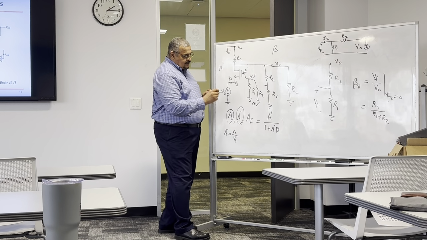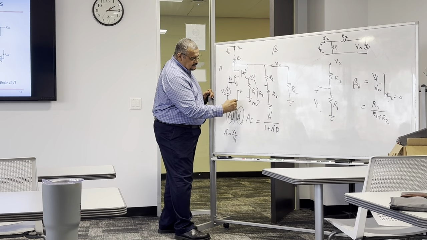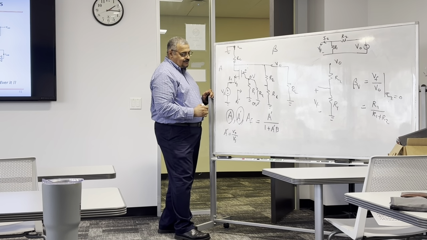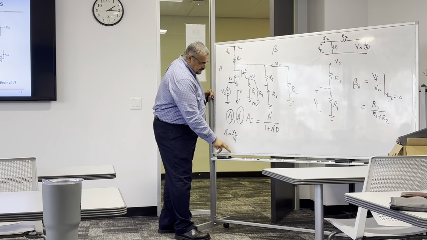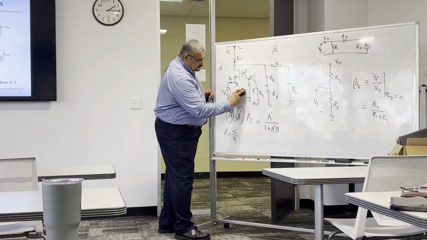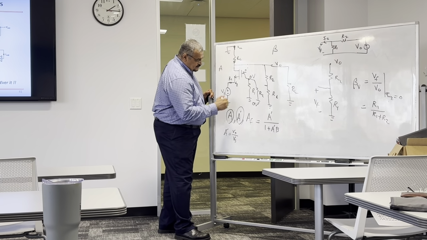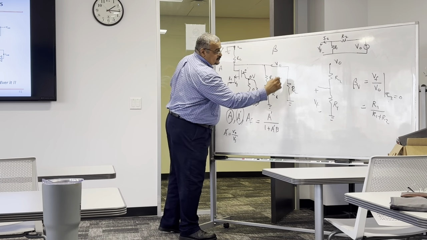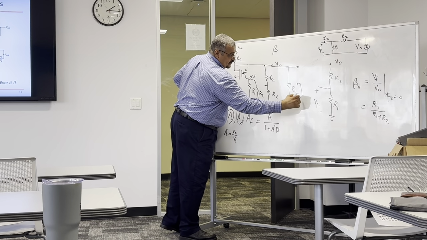However, R in feedback or R in prime also is going to be here. And R out prime also is going to be here.